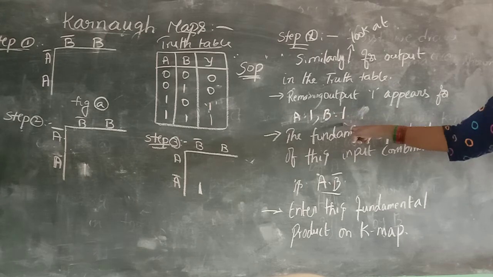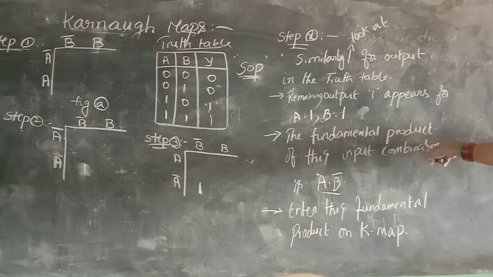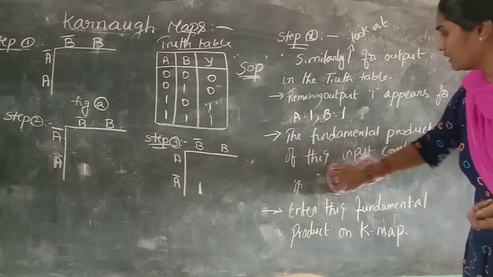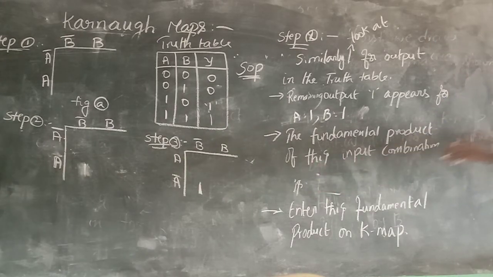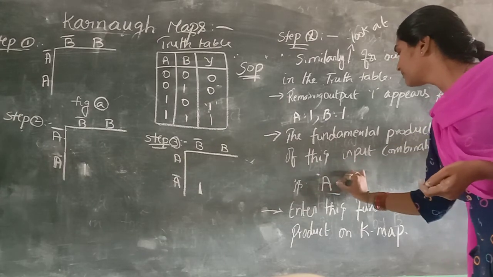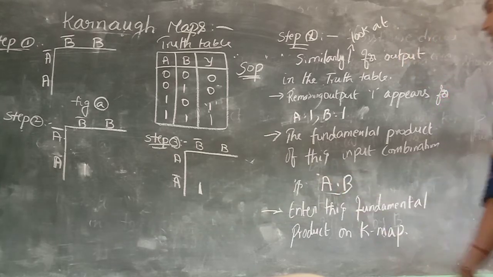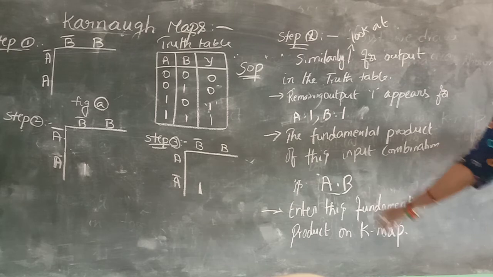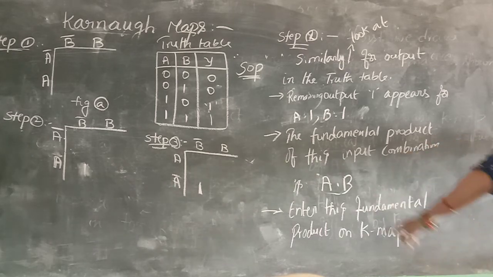For this input combination, both are 1. Both inputs are high, so that's why the fundamental product is A dot B. Enter this fundamental product on the K-map.